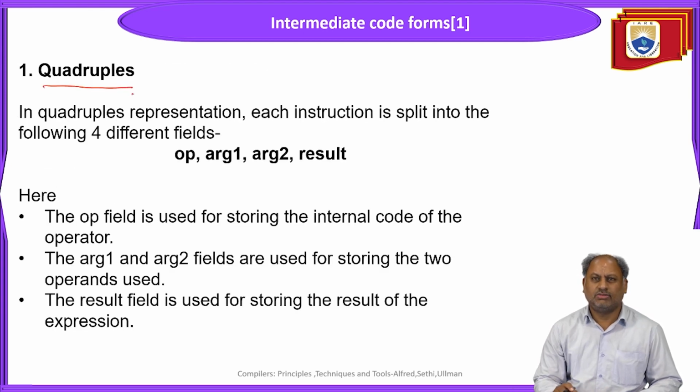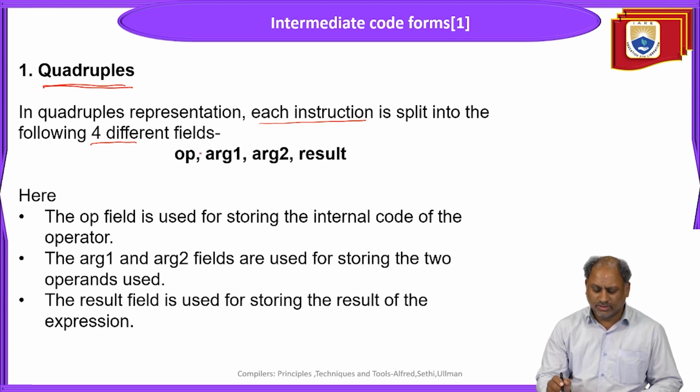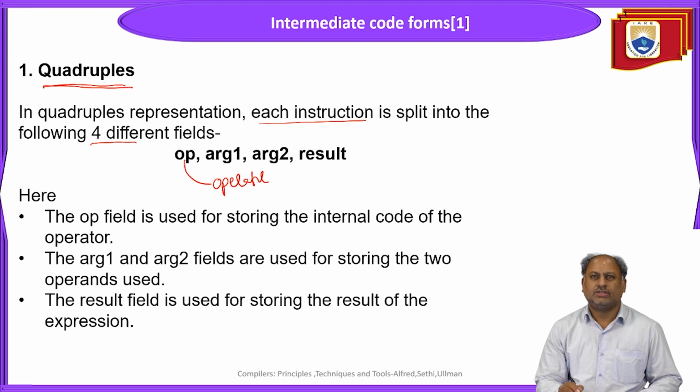In this quadruple representation, each instruction is divided or split into four different fields. What are the four different fields available in quadruple representation? One of the fields is the operator.